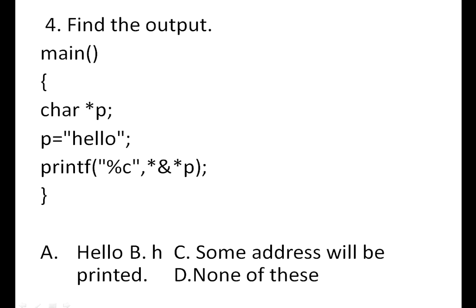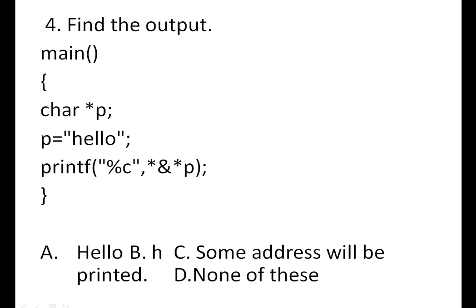You know that *p will not allocate memory for a number of sizes. So it will point to an address, right? So what address? This address it will point to. In the starting address we have h. The starting address value is h. So now p will point to the starting address of this string. Got it? So *p is nothing but the value at the starting address.